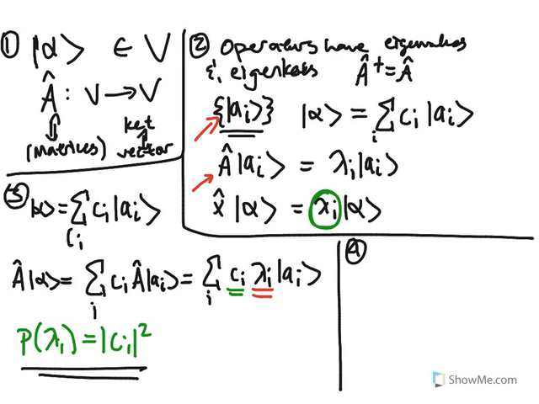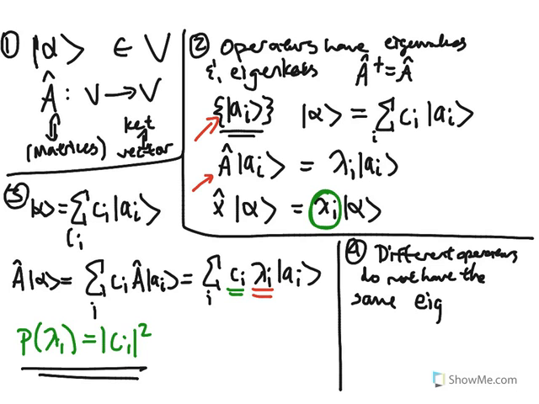And so the key reason that quantum mechanics gets really messy here is that different operators do not have the same eigenvectors. I'm going to underline the "do not".